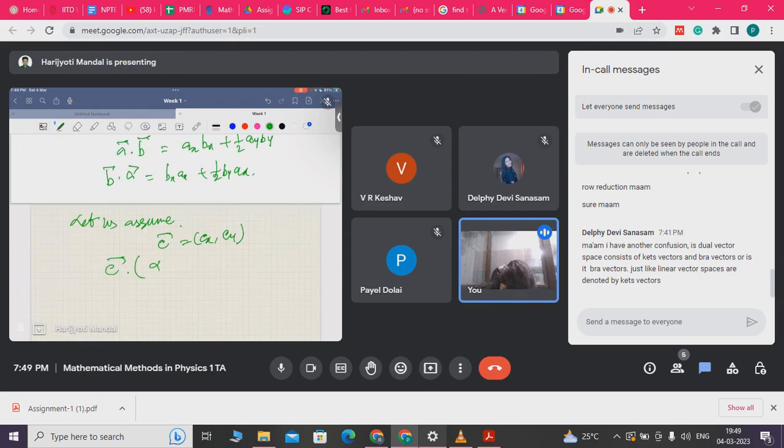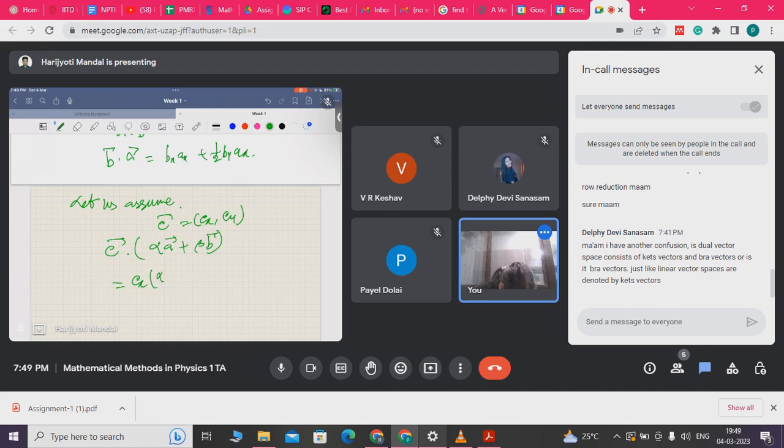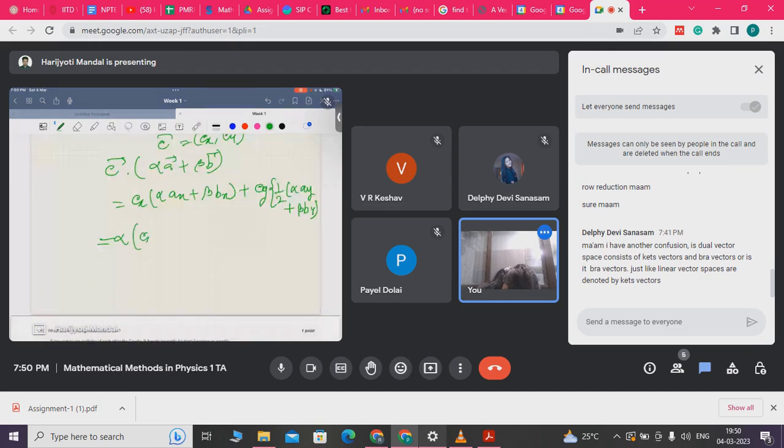Let us assume C, a vector which is (Cx, Cy), and take its product with alpha A plus beta B. Cx is equal to alpha Ax plus beta Bx, and Cy is half of alpha Ay plus beta By.